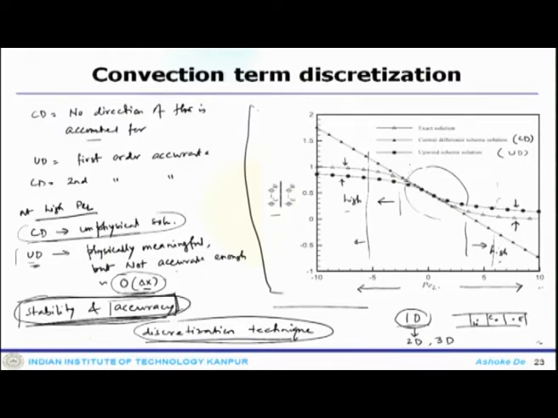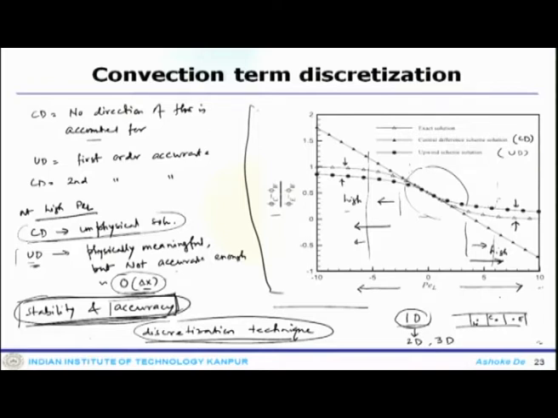We have seen that in the low Peclet number region, all the numerical schemes, like the upwind scheme or the central difference scheme, exhibit proper behavior when compared against the exact or analytical solution, but both of them start differing as they move outward, in this direction and this direction, for the high Peclet number regime.